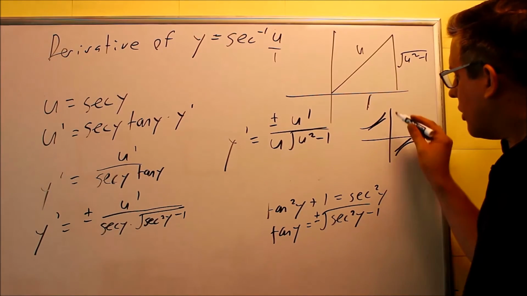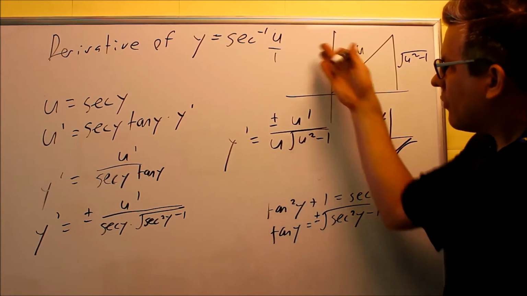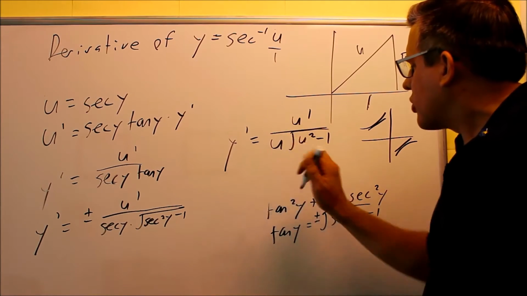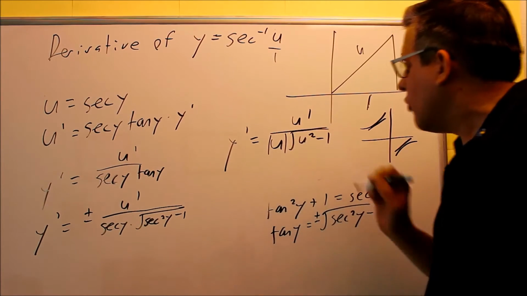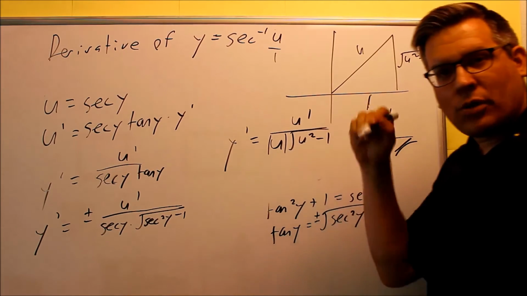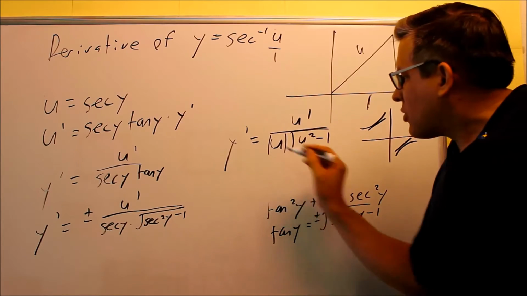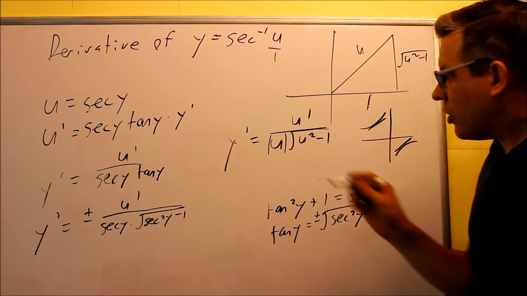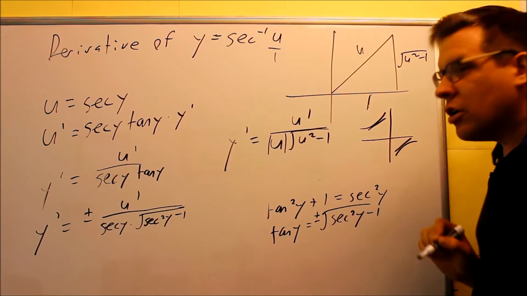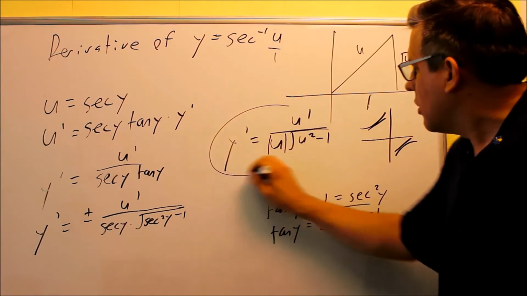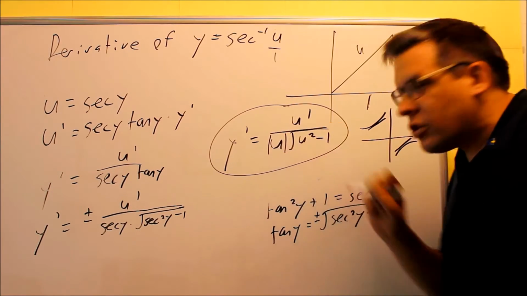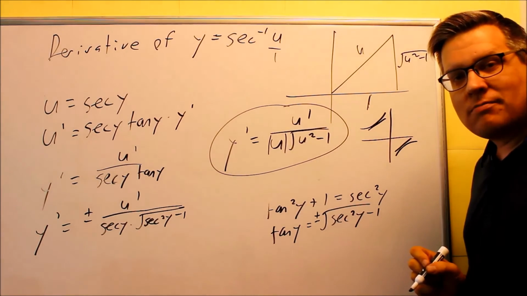So what we're going to do here is, because we're talking about the inverse secant, we're going to erase the plus or minus and we're going to put an absolute value around the u. The reason why is because that's going to take care of the plus or minus situation. The absolute value guarantees that what you put in there for u is always going to be something that's positive, and that's going to be reflected here on the graph itself. So this right here is going to be your derivative of inverse secant. You need to put the absolute values in there in this case.